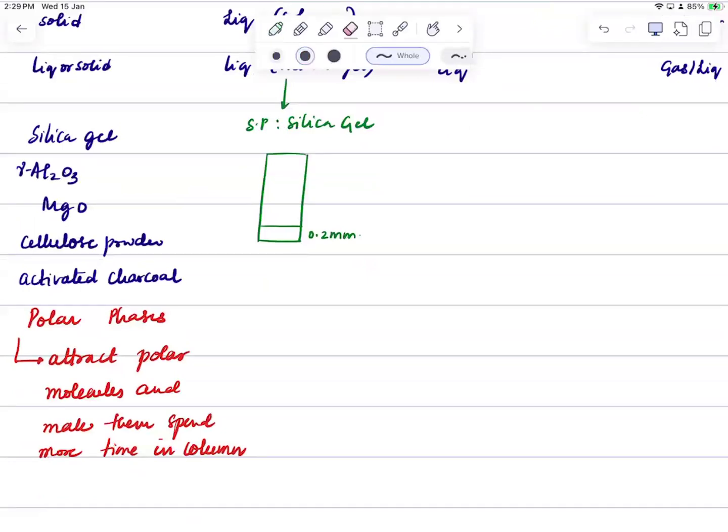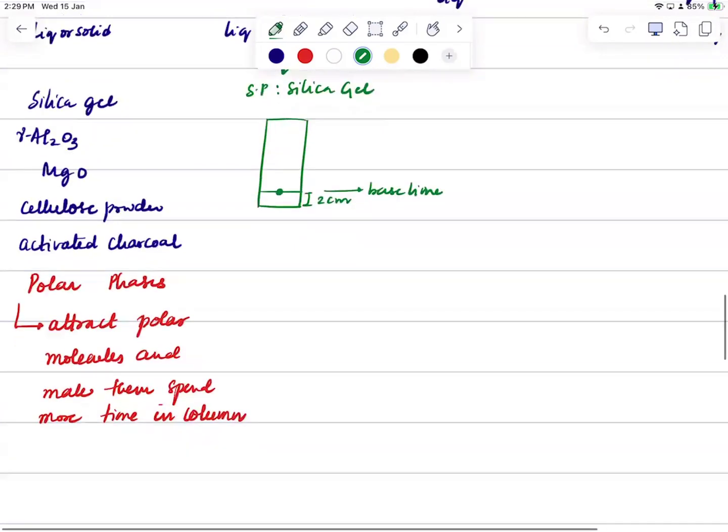The baseline is 2 centimeters above where the spot, containing the mixture, is placed. As the spot moves, we will get two different lengths.